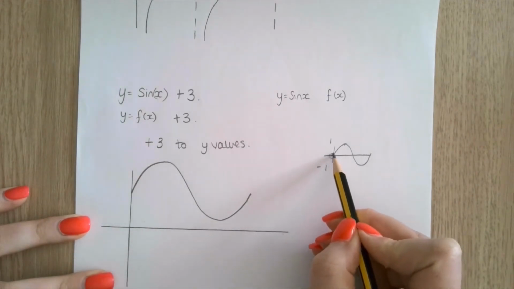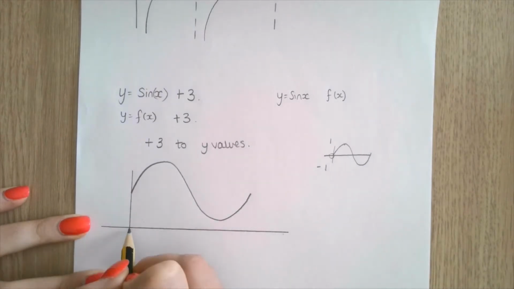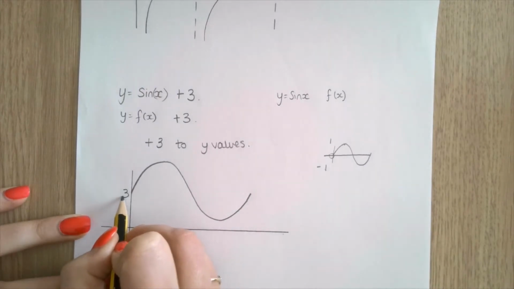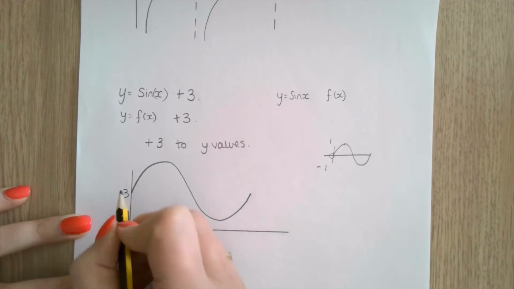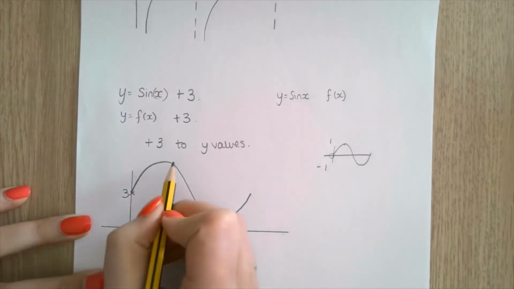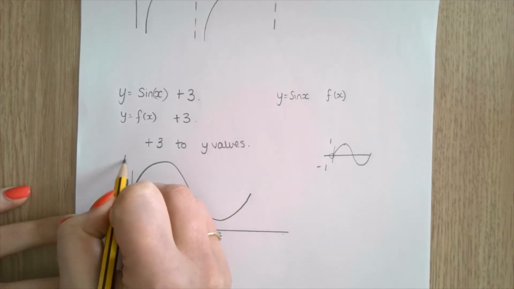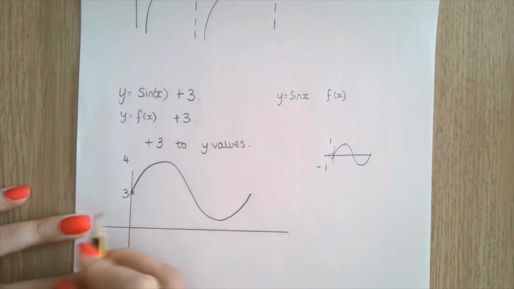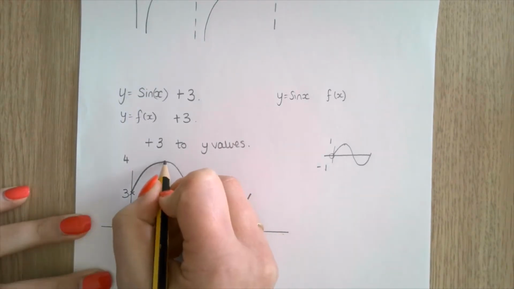This point here is 0, and because it's moved up by 3, that point there must be 3. My maximum is at 4, my minimum is at 2.